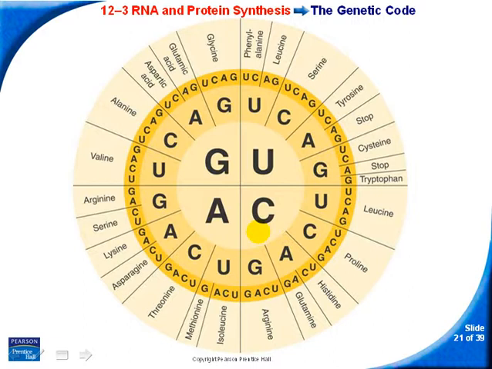So you can see some of them are going to code for amino acids twice. So here's how you read this chart. The first letter is the first nucleotide in the codon. The second letter is the second one, and the third letter is the third letter in the codon. So let's say, for instance, we had GCC, then that would be alanine.